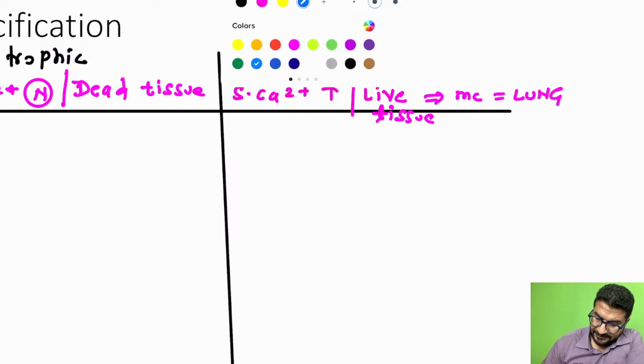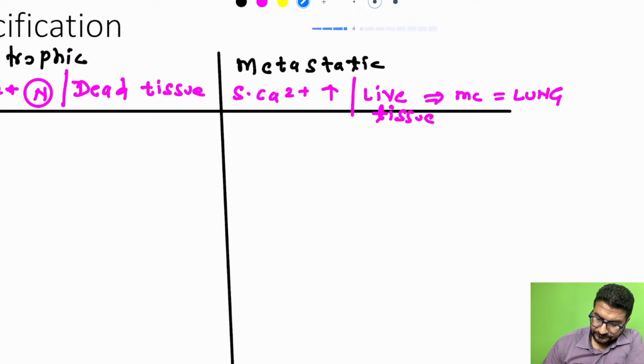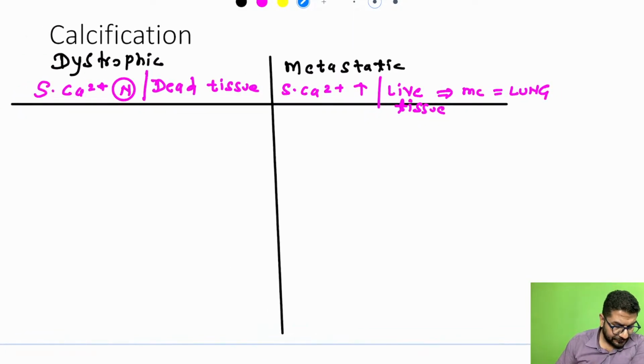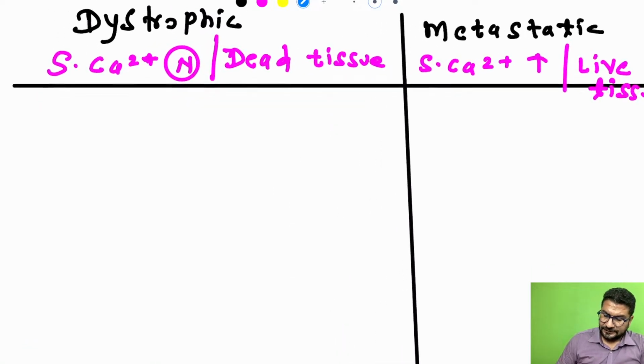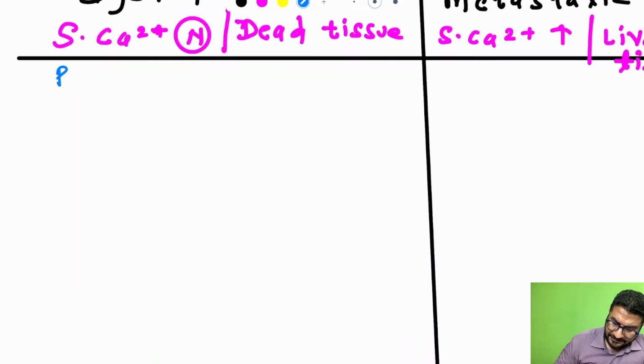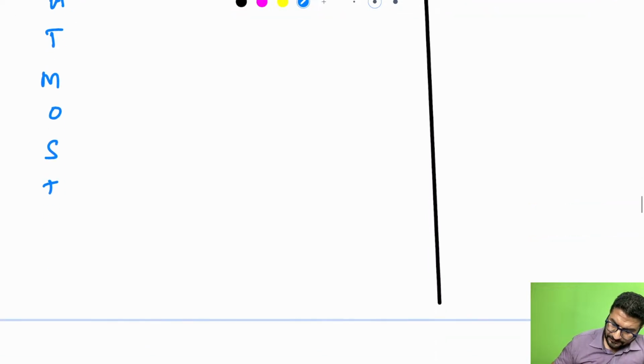अब आपसे क्वेश्चन क्या पूछते हैं? They ask you like where you will see dystrophic calcification, where you will see metastatic. So dystrophic calcification आप याद रख लो, मैंने आपको एक निमोनिक भी बताया था, that is RAT MOST FOR PG in medicine.